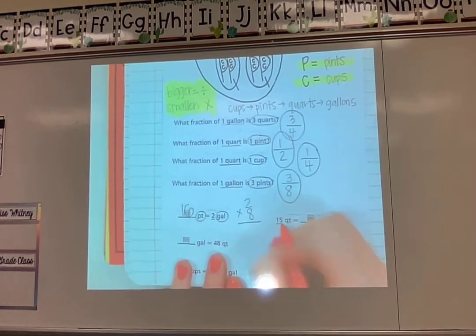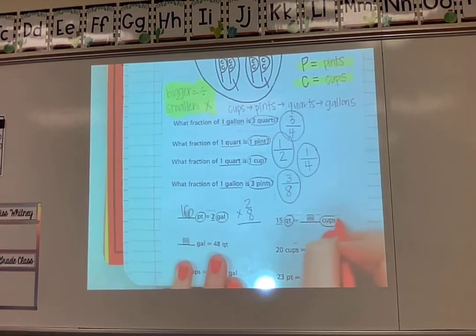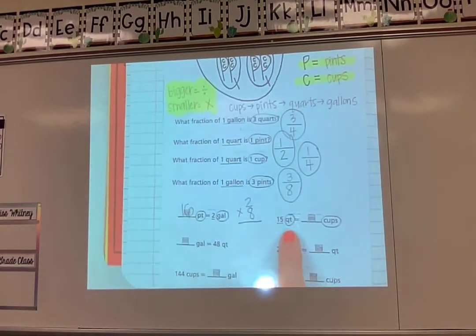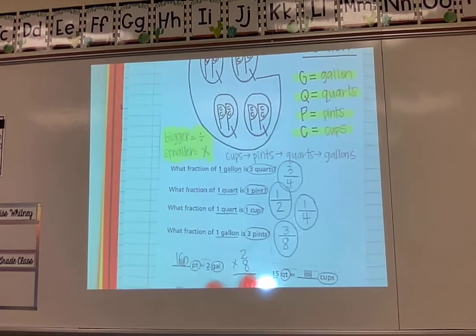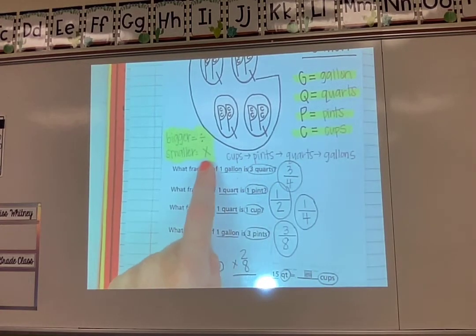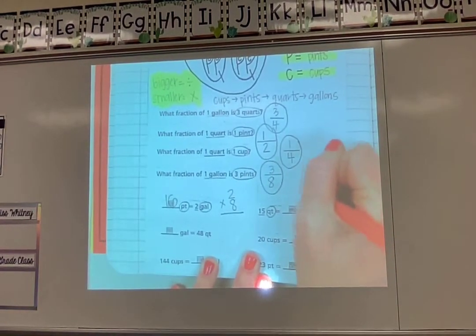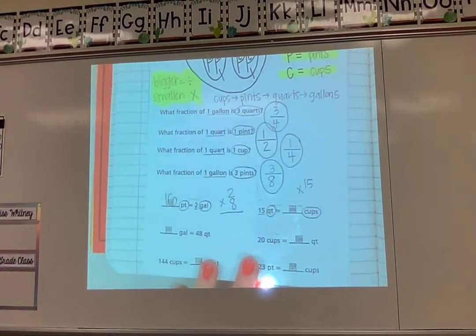I have 15 quarts, and I am converting to cups. So I'm going from quarts to cups. Looking up here, quarts to cups, I'm getting smaller, so I need to be multiplying. So 15 times, and then I have to use my picture to help me.